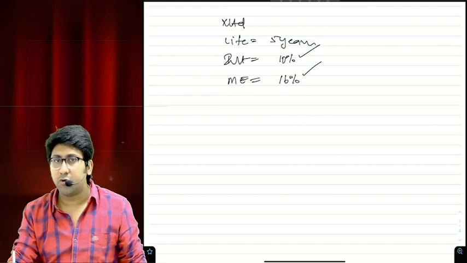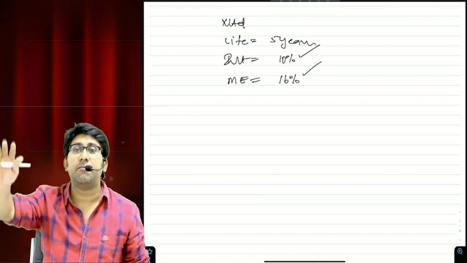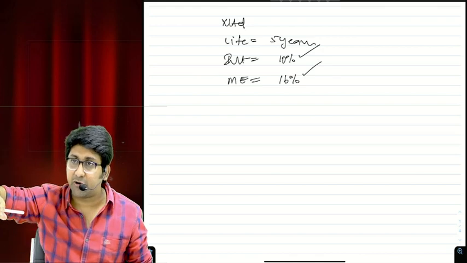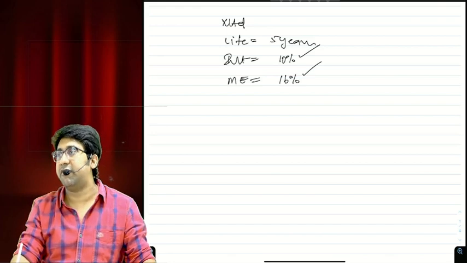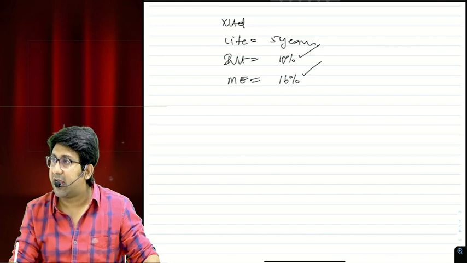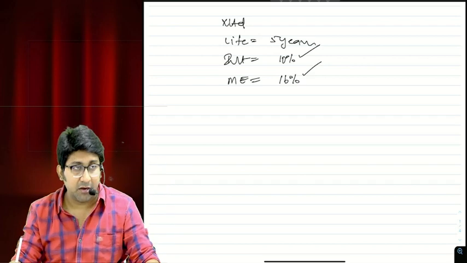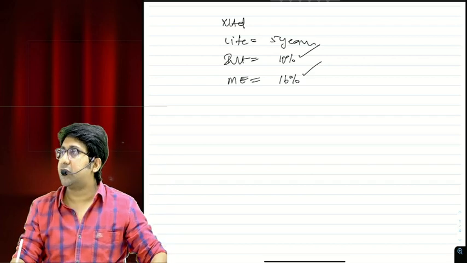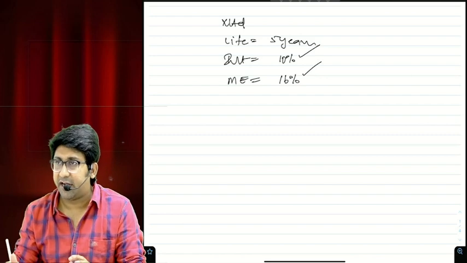Floating rate means whenever the market interest rate changes, you also get interest on that instrument accordingly. In India it is less popular because interest rates tend to increase, not fall, so companies generally issue fixed rate debentures.